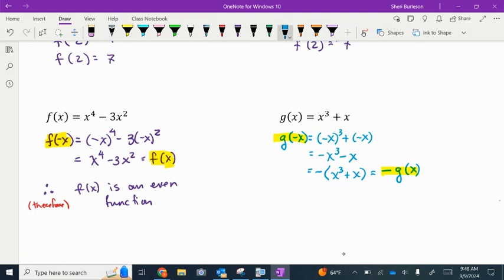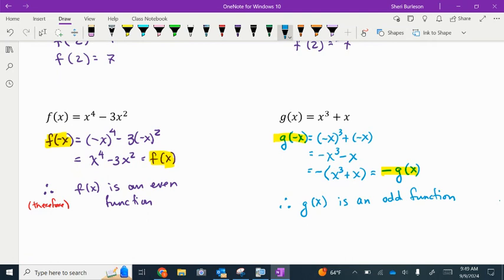So then I say, therefore, g of x is an odd function. Does that make sense?